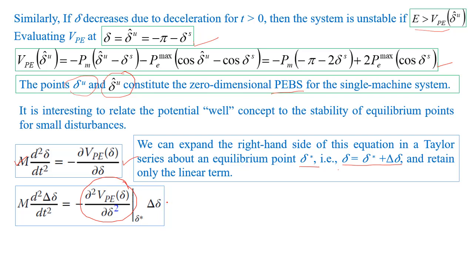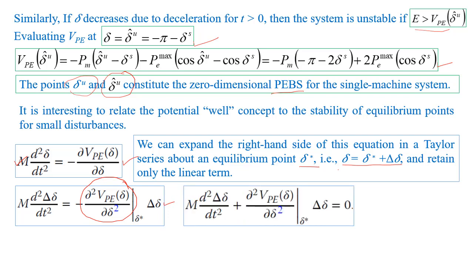Here we are considering only the linear terms. So the final expression becomes M d square delta delta by dt square plus the double partial derivative of potential energy evaluated at delta star times delta delta equal to 0.